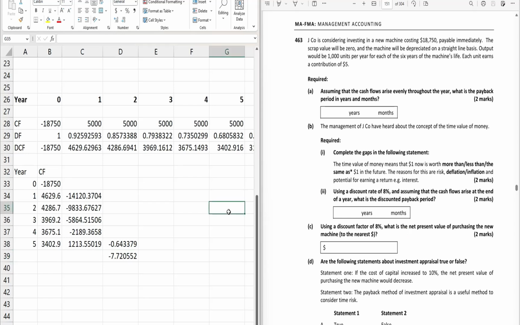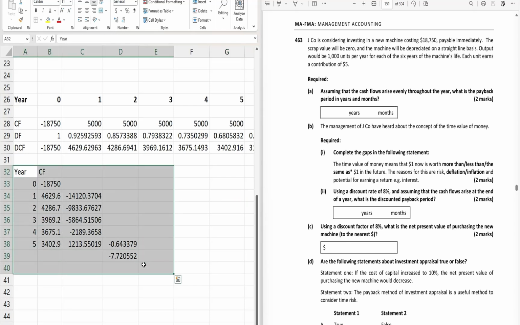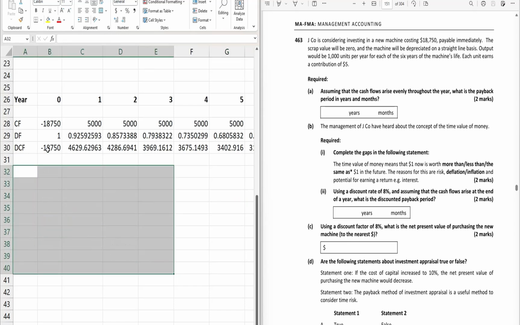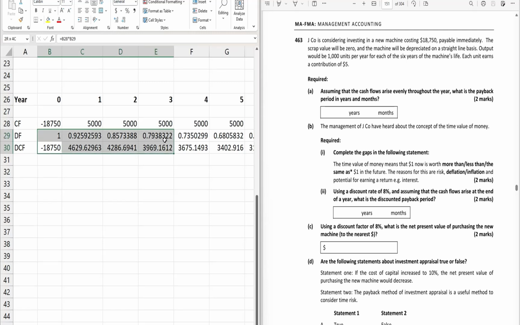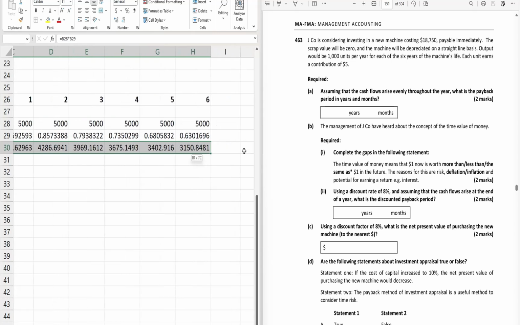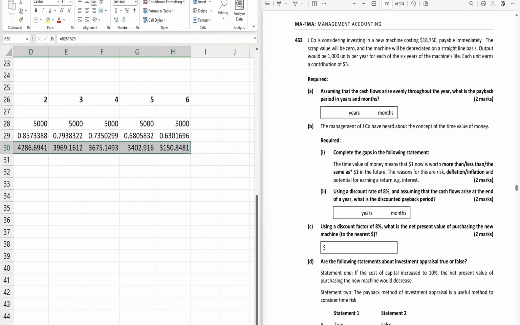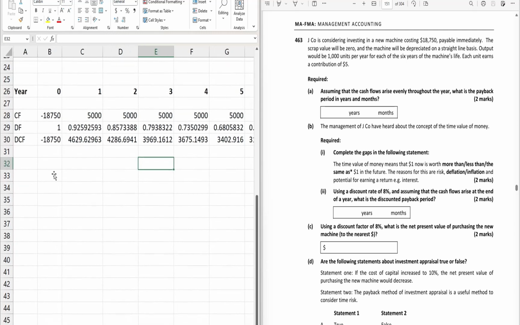Okay, so the question asks you to calculate the NPV, net present value, and we are done with that as well. So here it's simply adding all these figures. Yes, these all are the discounted cash flows for 6 years, and how much are we getting? Just let me show you by doing the sum.